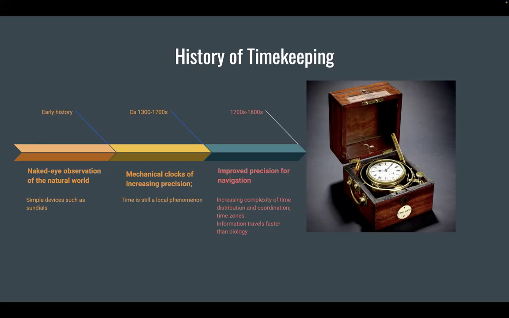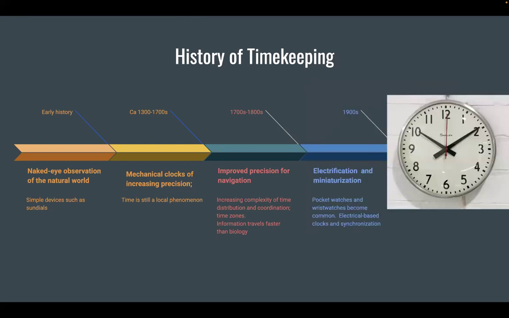Essentially, the farther and faster we traveled, the more important it was to keep accurate time. So this is a development that reflects the needs of society at the time. And what we have in the late 1800s, early 1900s, is electrification and pocket watches.